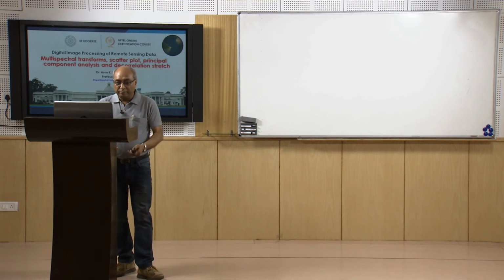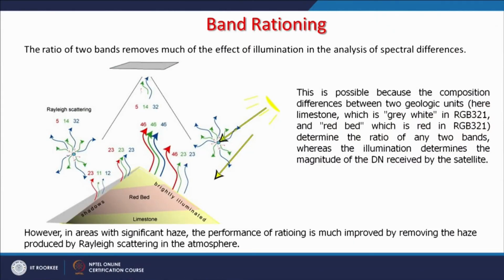The band ratio of two bands, as has been mentioned, removes much of the effect of illumination in the analysis of spectral differences. This is possible because the composition of two geologic units, for example limestone which is grey white and red bed which is red, determines the ratio of any two bands, whereas the illumination determines the magnitude of the DN received by the satellite.